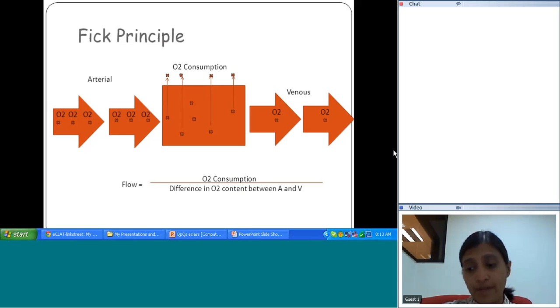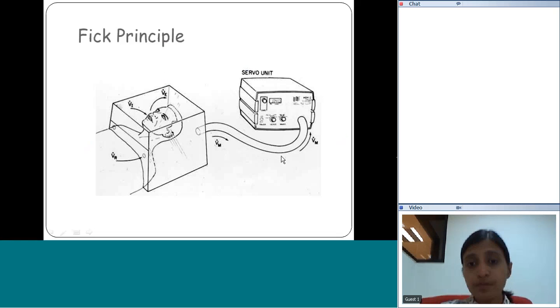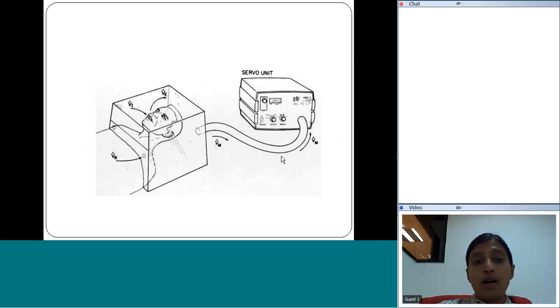Now, this illustration is just to demonstrate how oxygen consumption can be calculated. In the ideal world, we want to calculate the oxygen consumption on a case-to-case basis. But you can see how practically impossible it is.